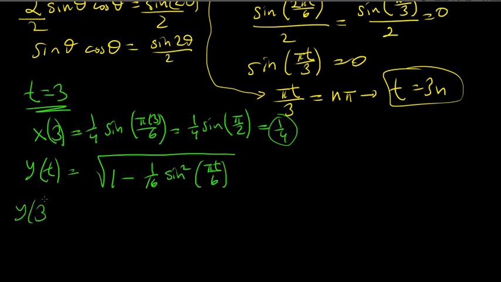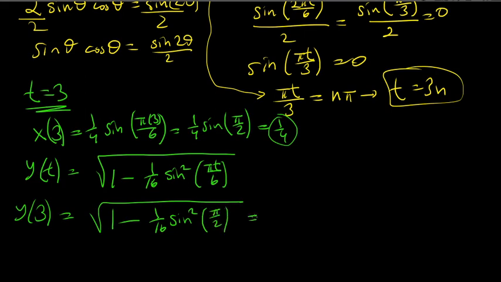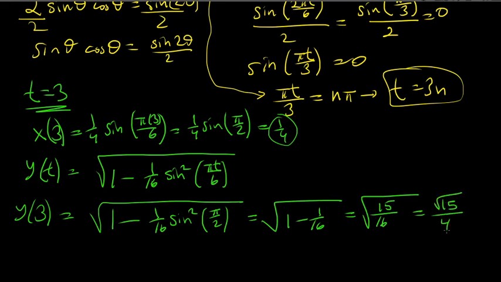So y of 3 is the square root of 1 minus 1 over 16 sine squared of 3 pi over 6, which is again pi over 2. And remember, sine of pi over 2 is 1. So this is just the square root of 1 minus 1 over 16, which is the square root of 15 over 16. So that's the square root of 15 over 4.